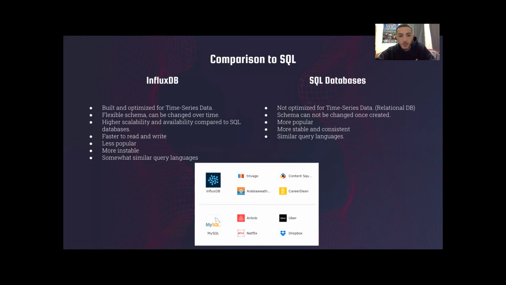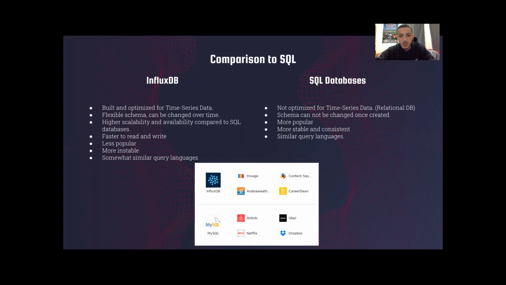It has a more flexible schema that can be changed over time, like I said before. It has a higher scalability and availability compared to SQL databases. And like I said before, it is faster to read and write in InfluxDB compared to SQL. Although InfluxDB is less popular and more unstable, it does share a similar query language to the SQL databases.